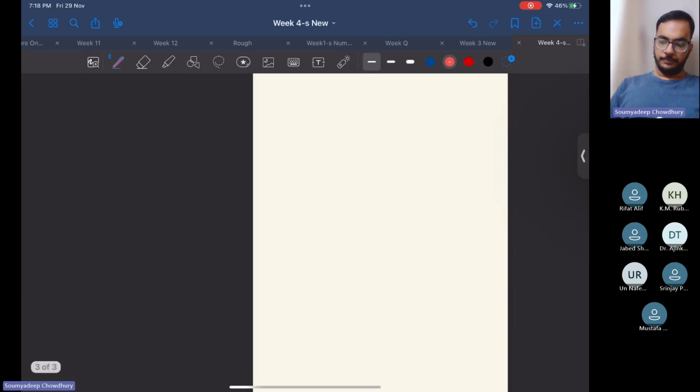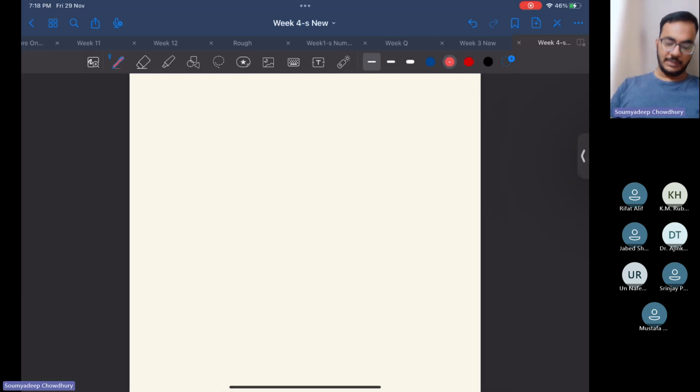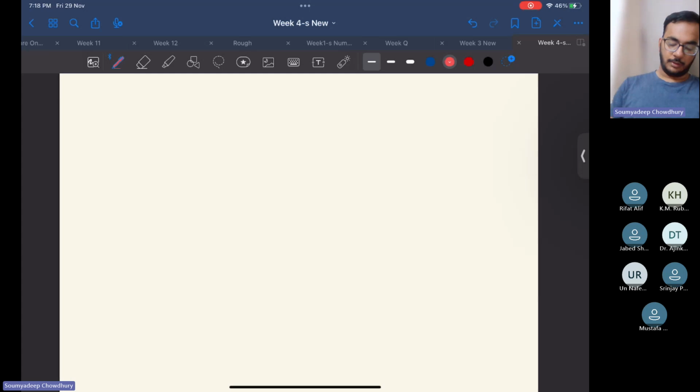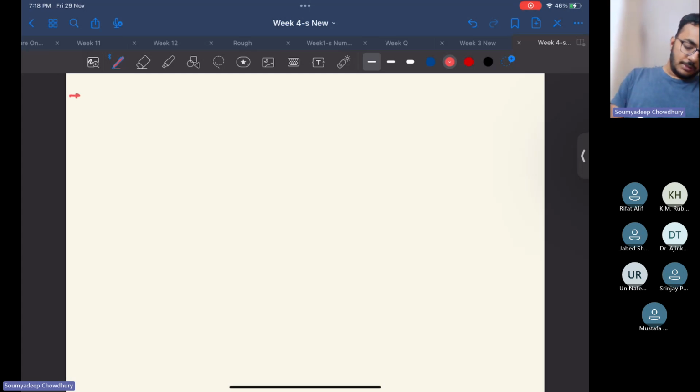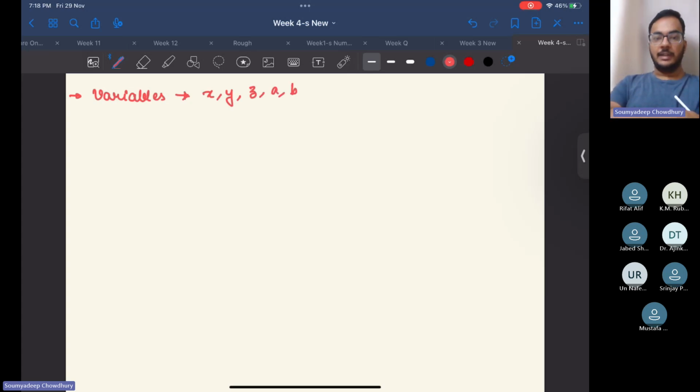Okay. Now we'll see some basics about equations, as we discussed about variables. The building block of any equation or expression is a variable, right? So what are these variables? We have different variables x, y, z, a, b. These are the different variables which can take any value according to the equation. They don't have a constant value.